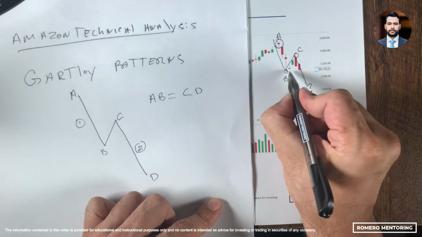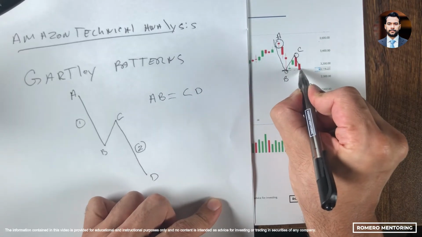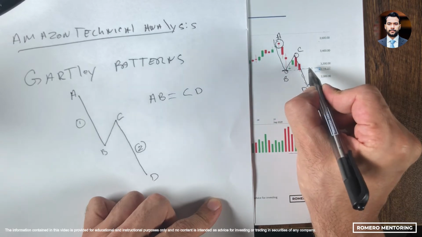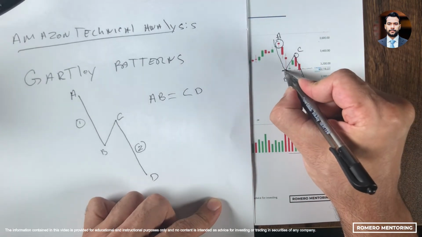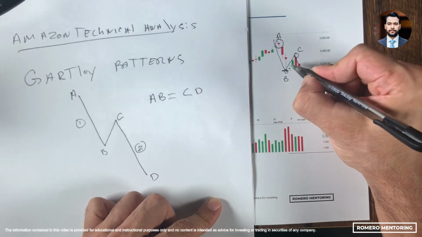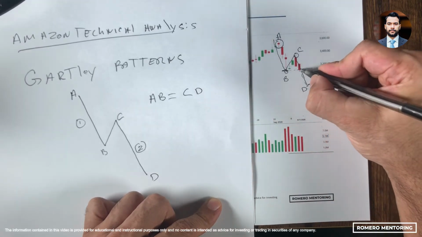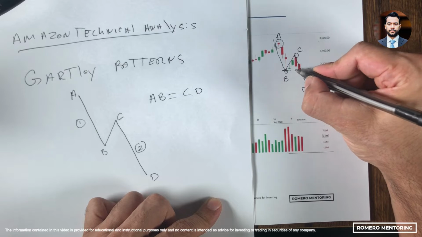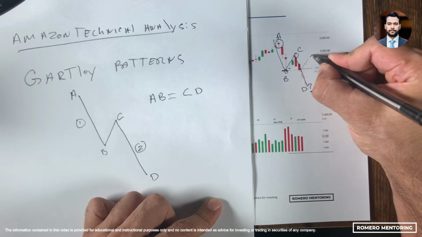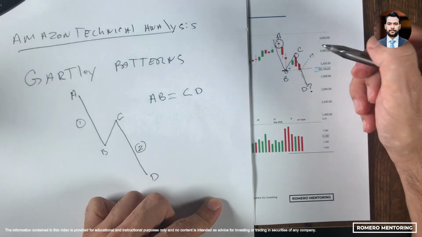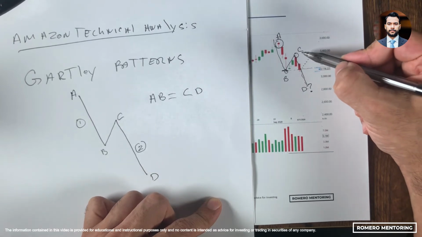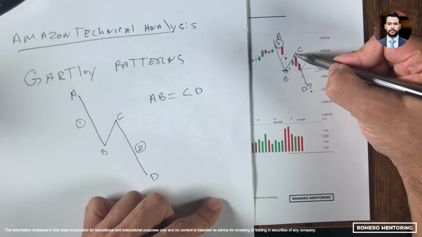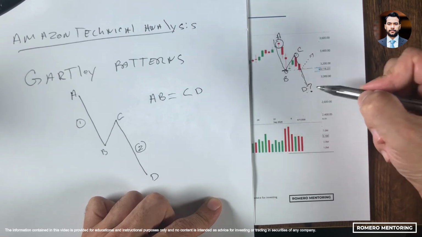And of course, at point B, this acts as support. Support being there are buyers, there are people waiting for a bounce at this point, because at the B point, it bounced the first time. So sometimes you get some traders buying this support point in anticipation of a move to the upside. But statistically speaking, the chances of the stock going from C to D is 70 to 80%.